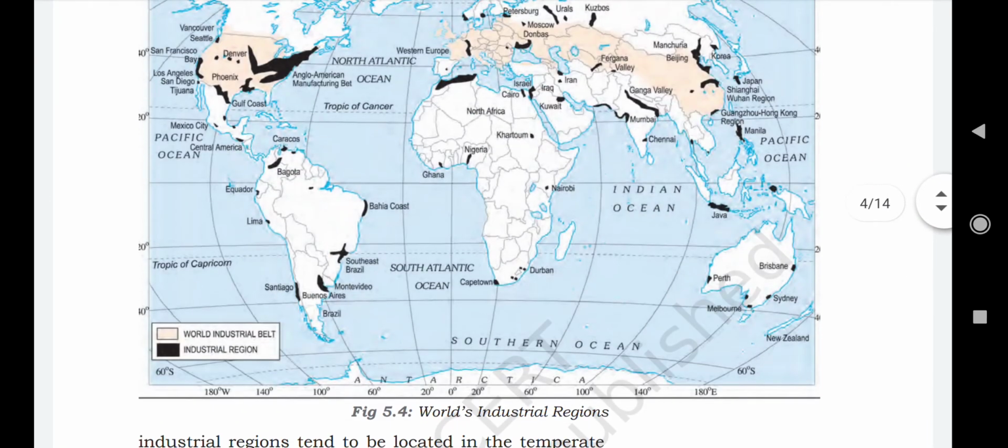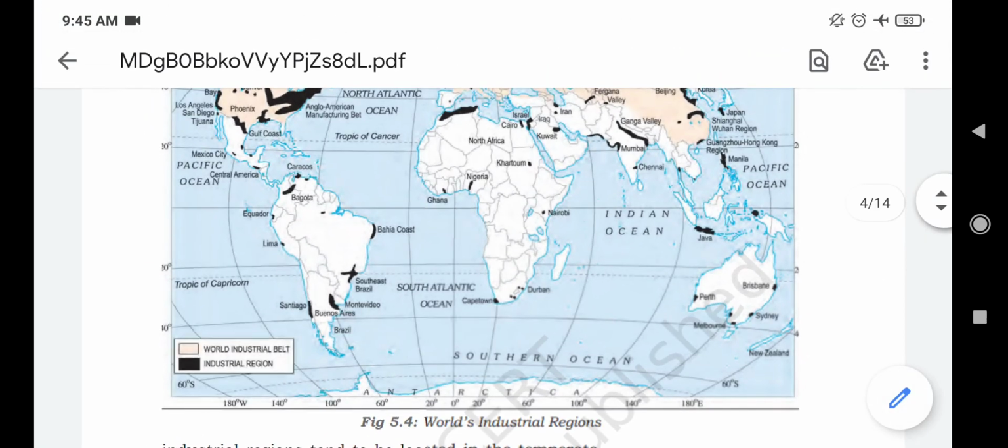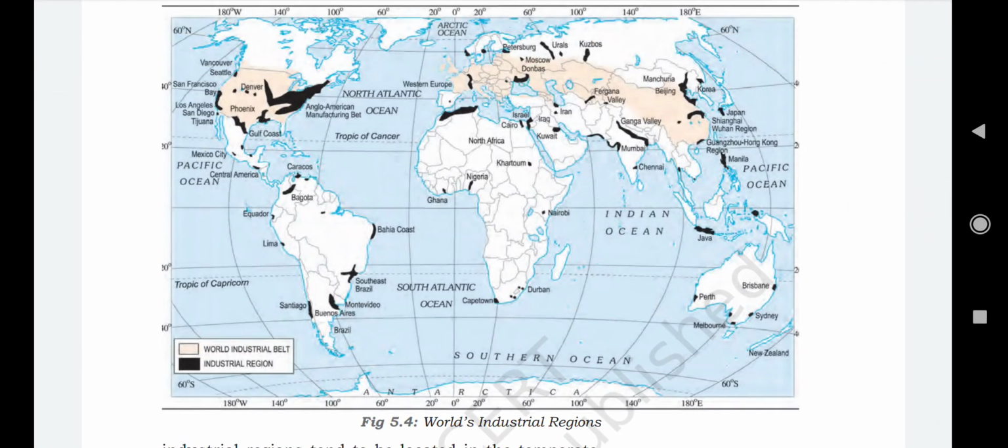Here in the figure you can see the world's industrial regions: in the coffee color you can see the world industrial belt, and in black color the industrial regions.